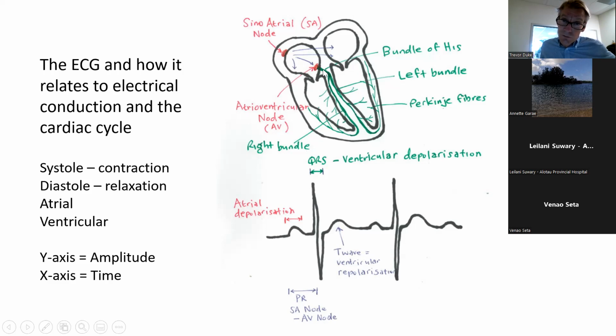The duration of time that the impulse takes to go all around the ventricles is the duration of the QRS complex.